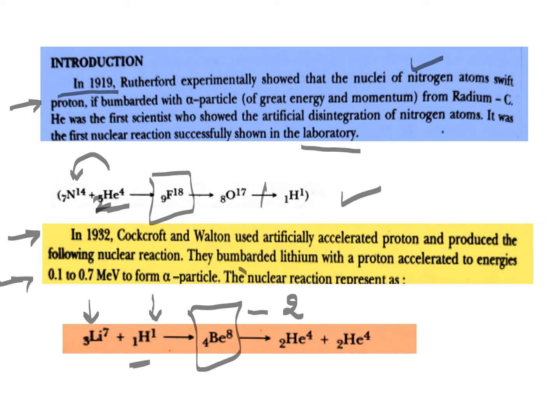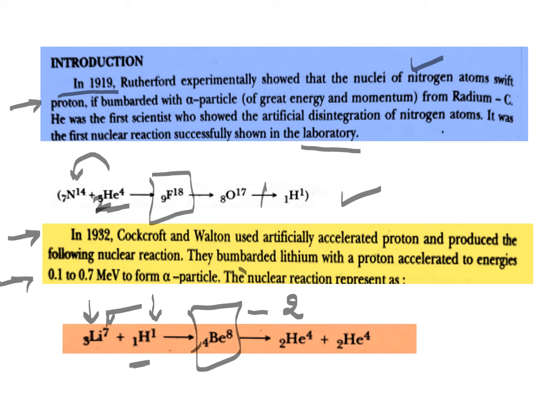That energy was 0.1 to 0.7 million electron volt. Very high energy is used to accelerate the proton, and after that it is bombarded on the lithium, and due to the interaction it gets absorbed by the lithium and becomes beryllium, but it is unstable. After that it splits into two alpha particles.